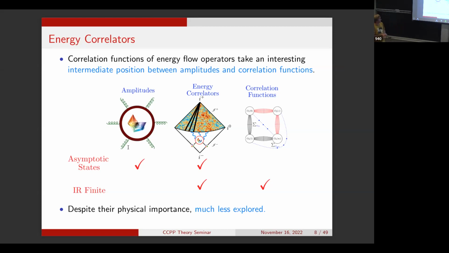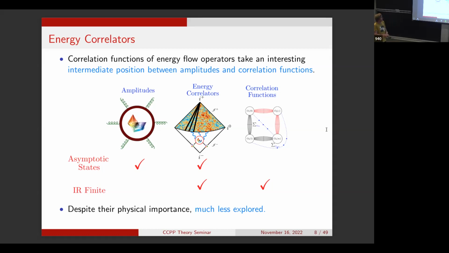So then on the other extreme, if you're, let's say, a condensed matter person, what you like studying are correlation functions of local operators. These are either IR finite or non-perturbatively well-defined, depending on which subfield you're in. But the problem is that these do not have asymptotic states, and so that's not what you actually measure at the LHC.